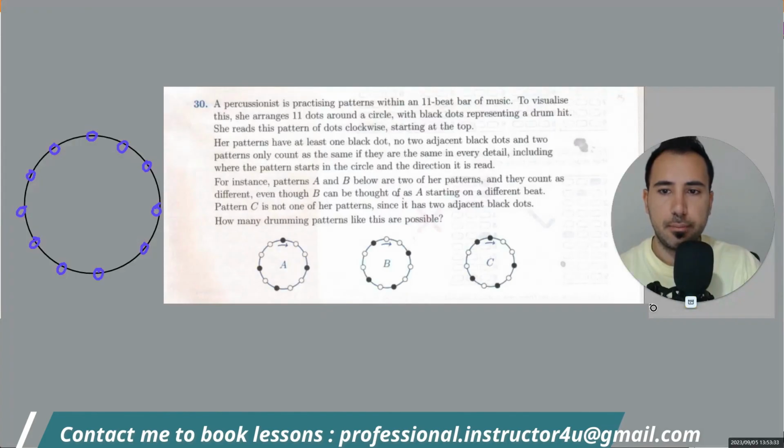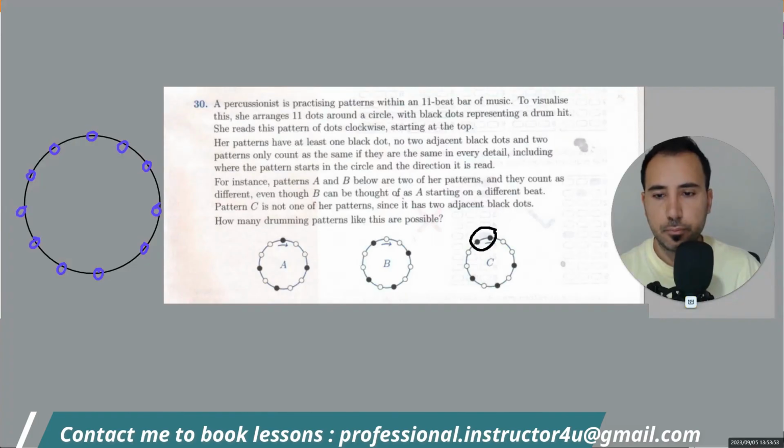For instance, patterns A and B below are 2 of her patterns. They count as different even though B can be thought of as A starting on a different beat. Pattern C is not correct because 2 adjacent black dots are together.